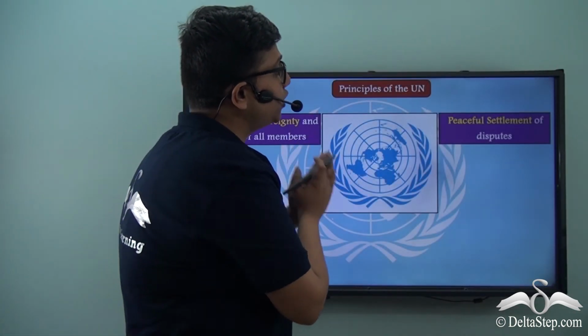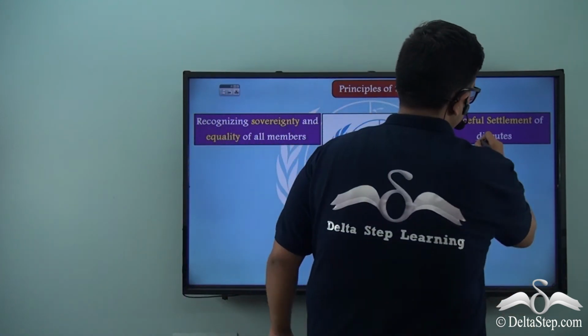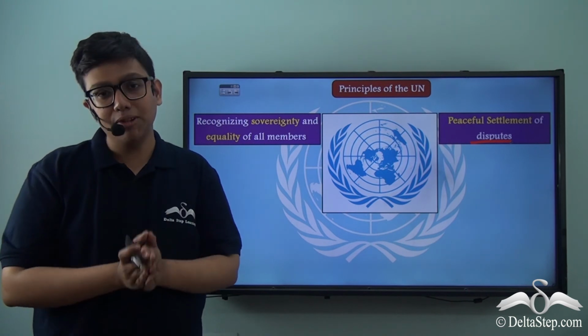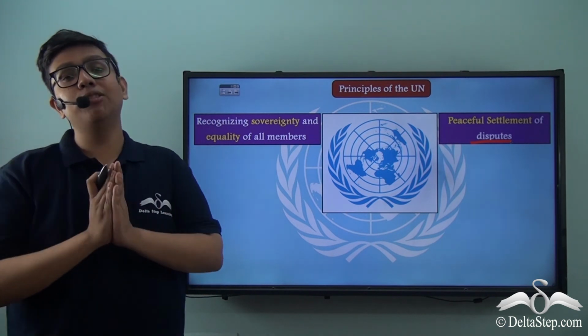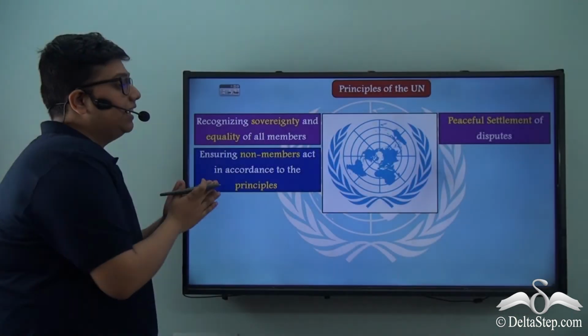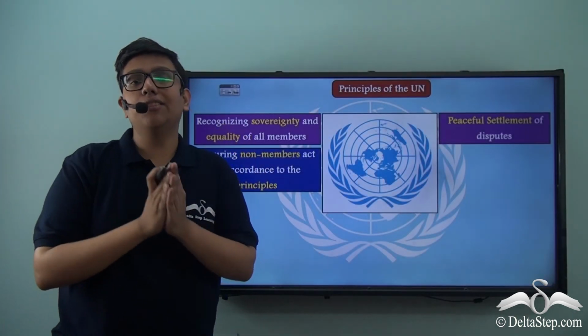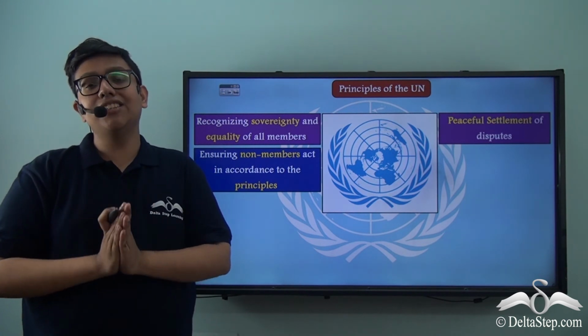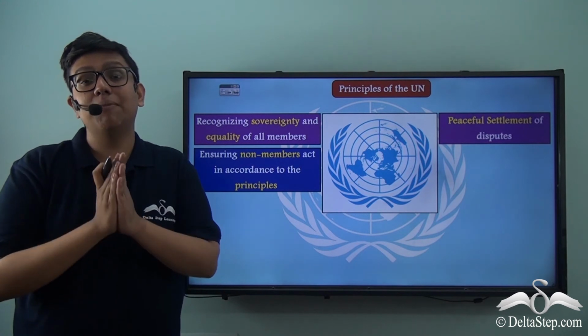Next is the peaceful settlement of disputes. The United Nations acts as a forum for the settlement of disputes, but this settlement of disputes needs to be done in a peaceful manner. Now, in this current date, the majority of the world is a member of the United Nations. When the United Nations was formed, there were only 51 members.